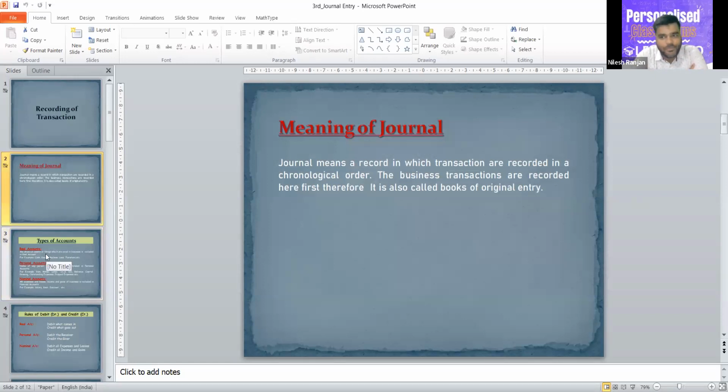Cash. Furniture. Machinery. Okay. And the building. Two more. One more, right? There are only three: cash, furniture, and machine. Goods.